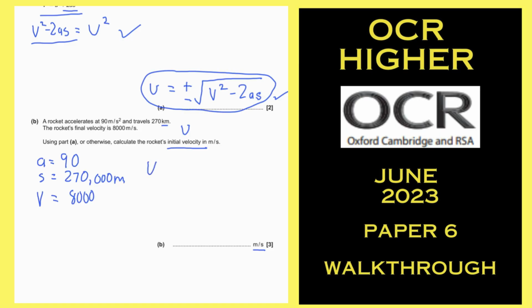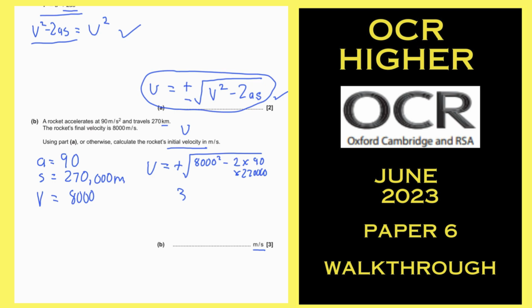To get our initial velocity, we'll be taking the positive root. We need to do v squared. I'll have to squeeze it in a little bit because the numbers are quite big. It'll be 8,000 squared minus 2 times 90 times 270,000. And you stick it all in your calculator.